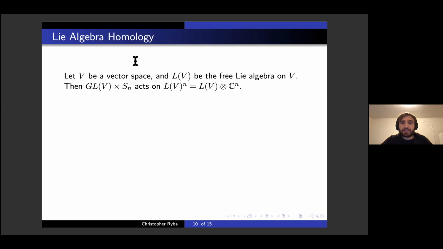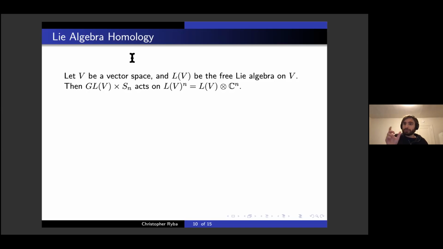So given a vector space V, I want to consider the free Lie algebra on V. I should say what it is: simply the set of Lie brackets in vectors in V that are only required to satisfy the minimal properties to define a Lie algebra, namely linearity in each of the factors of the Lie brackets.